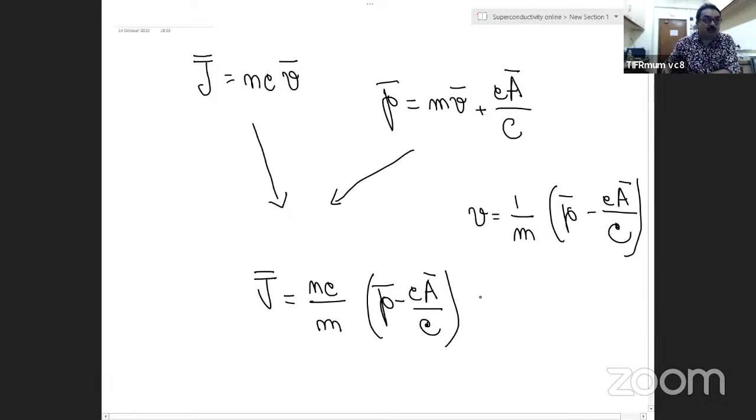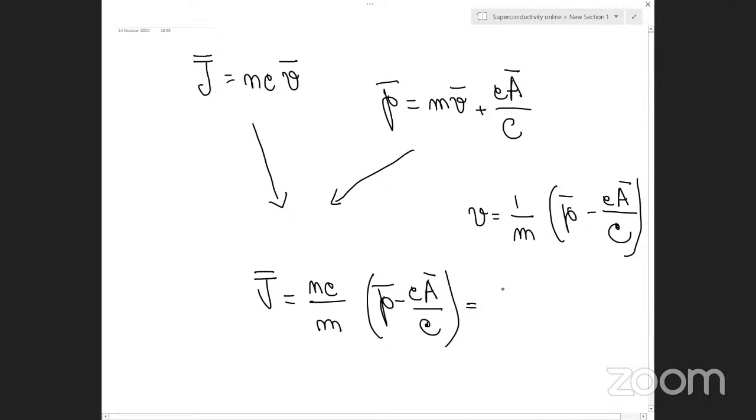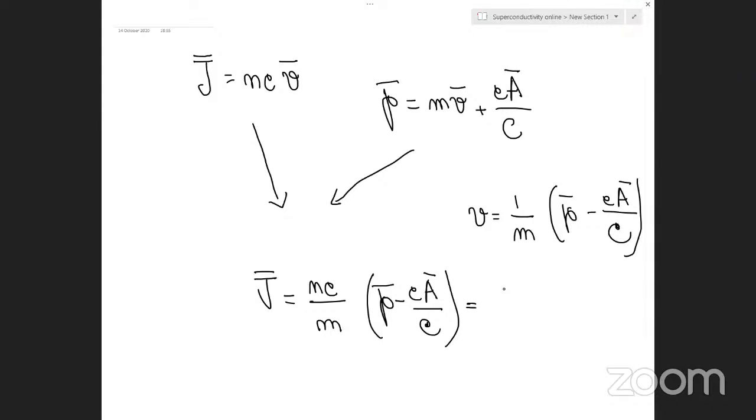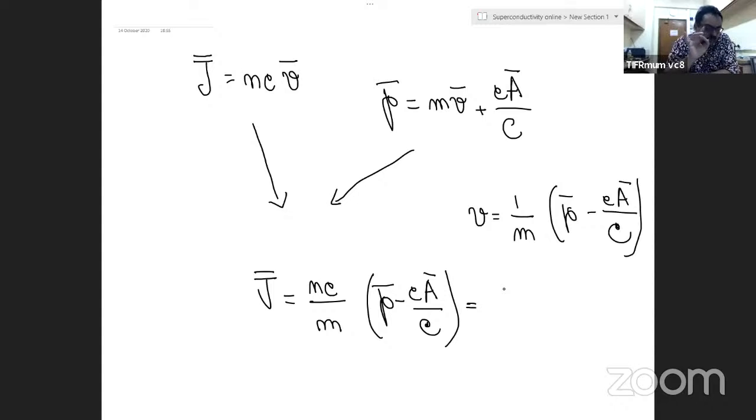Sir, I have a doubt. Can you say why we are using eA by c? Are we concerned about the motion of the electrons only? What else? Isn't it the pair of electrons or something like that? Oh yes, the pair of electrons will come in.